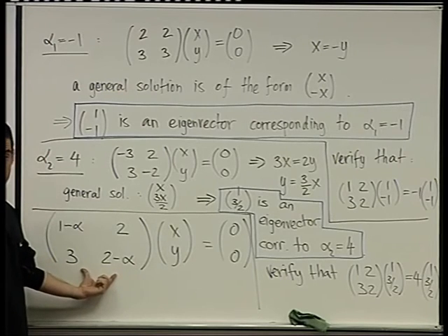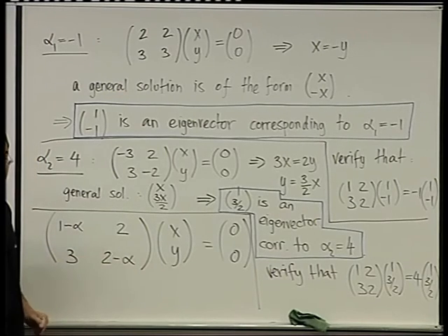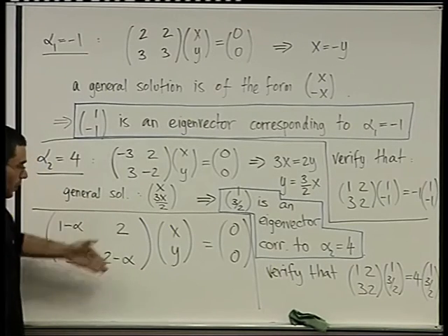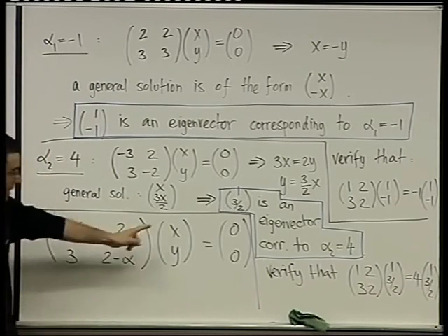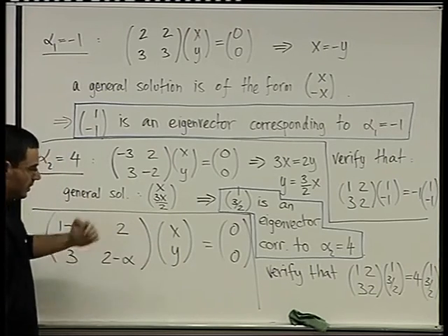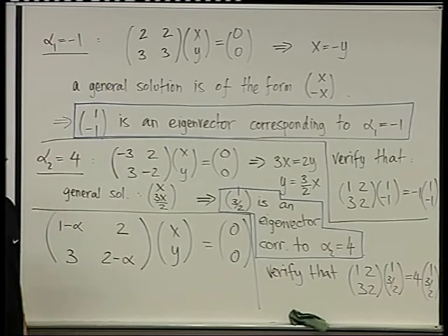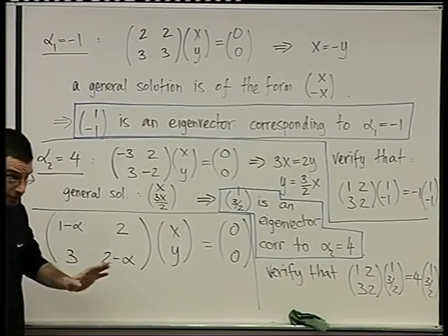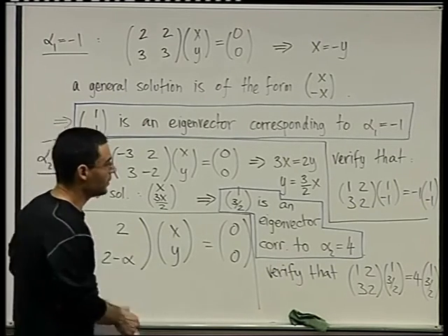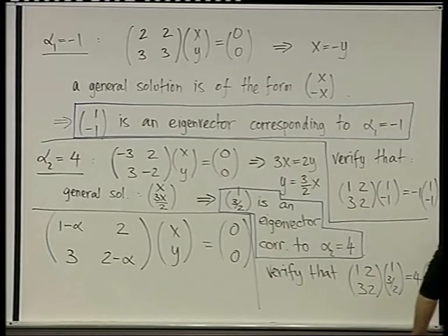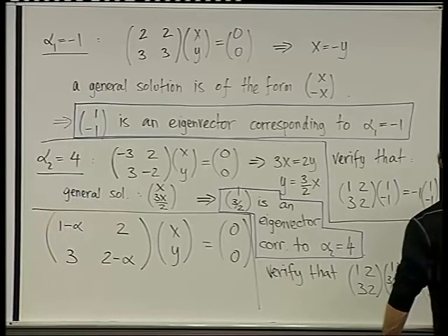So we found the determinant of the coefficient matrix. It's a polynomial in alpha. Found the roots. The roots are those alphas that give determinant 0 for this polynomial. Okay? For those alphas, we solved the system. That's how we found xy's that are eigenvectors. Okay, good? Everybody? Okay. So let's say a bit more stuff before we actually move to stating the general theorem.